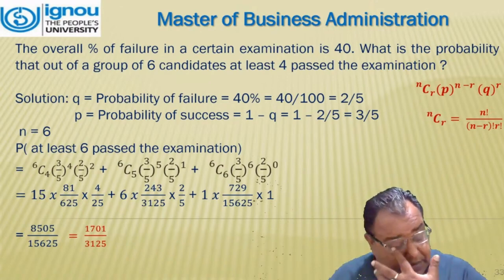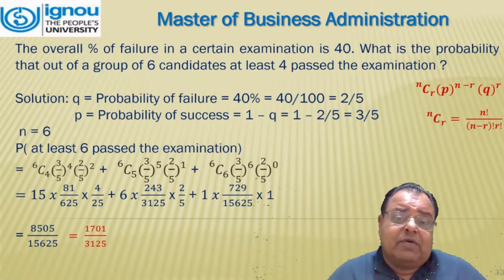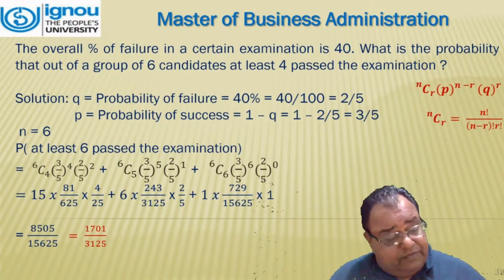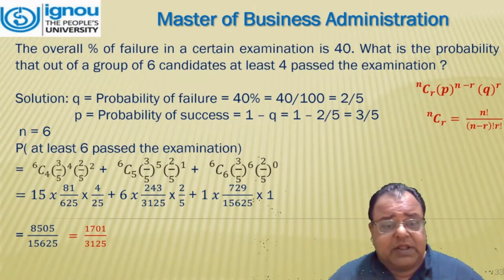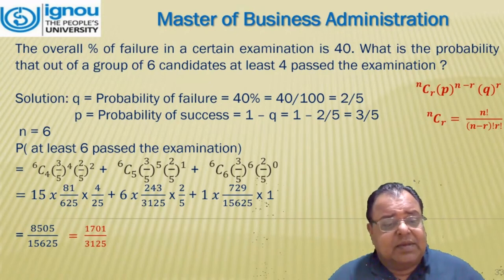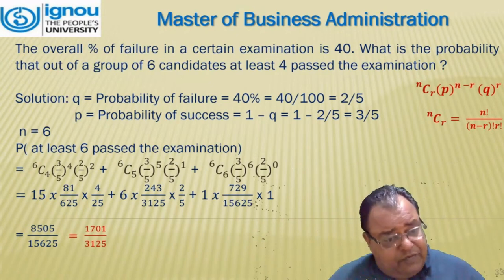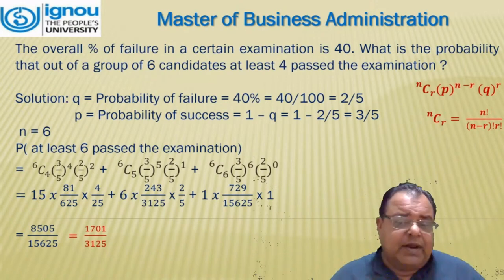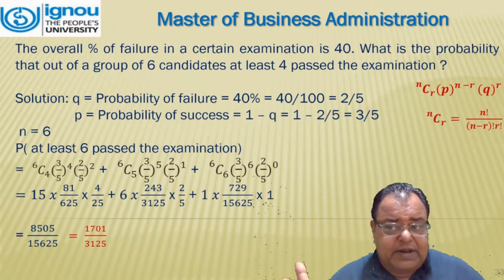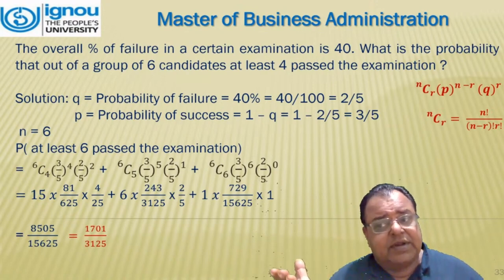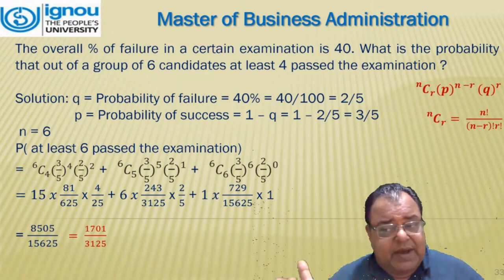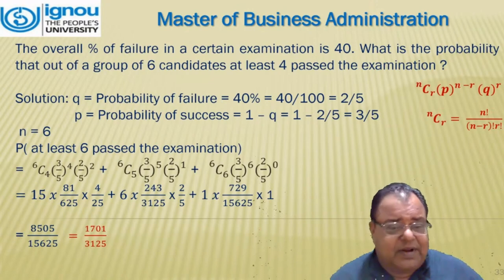Now, we have to calculate the probability that at least 4 pass the exam. That means 4 have passed the exam, 5 have passed the exam, and 6 have passed the exam. We will be adding all these individual probabilities. The probability will be solved by nCr, p raised to the power n minus r times q raised to the power r, where nCr is n factorial upon n minus r factorial times r factorial.